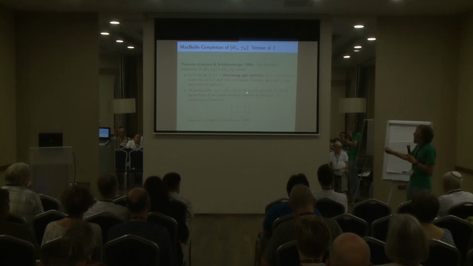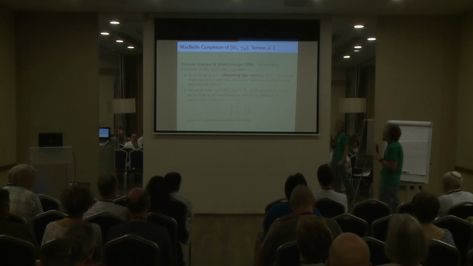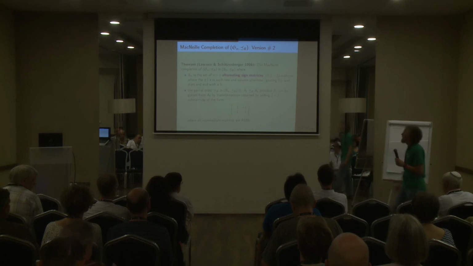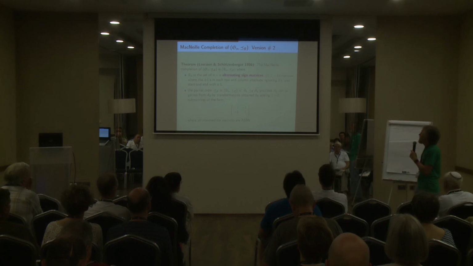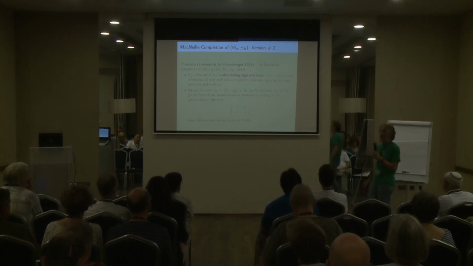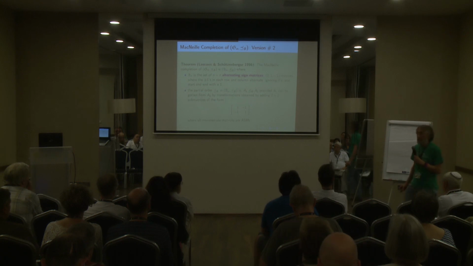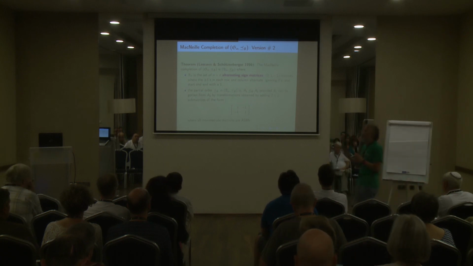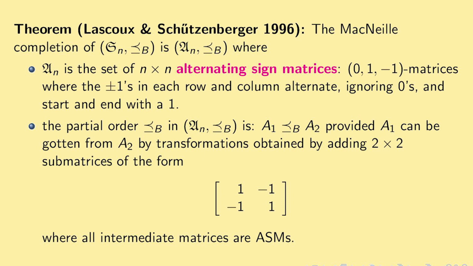So you can get from one to the other, provided there's a sequence of adding things of this sort, staying within the class of alternating sign matrices, to get the MacNeille completion. So that's a wonderful theorem, 21 years old now, of Lascoux and Schützenberger. This is the second version, sort of directly related to the permutations, because every permutation is an alternating sign matrix.